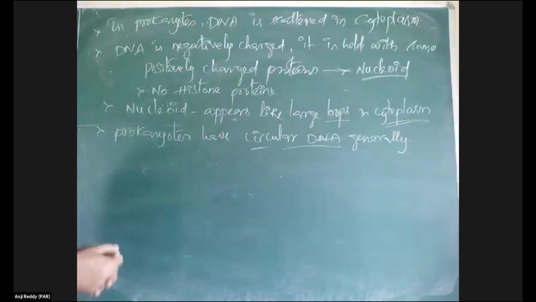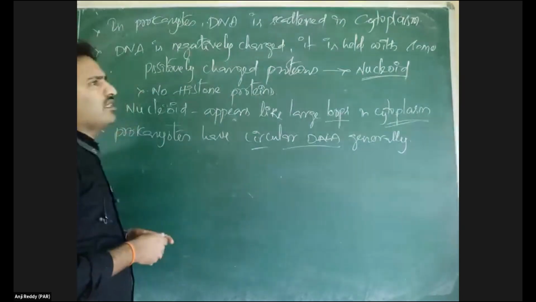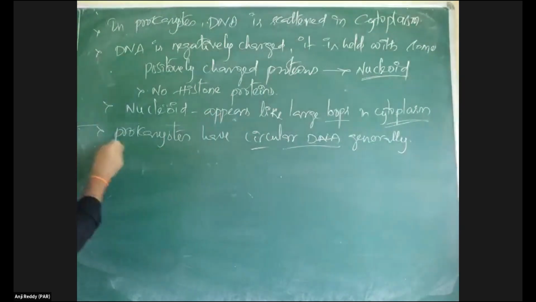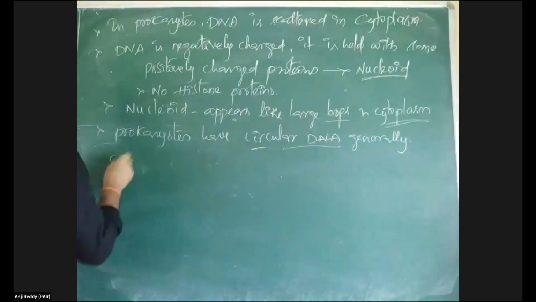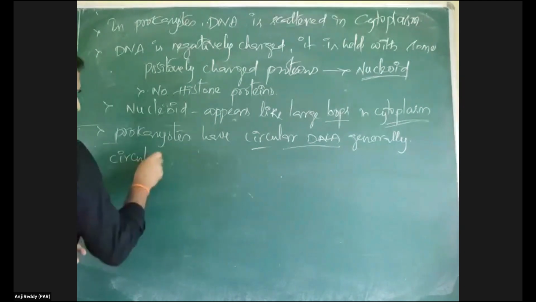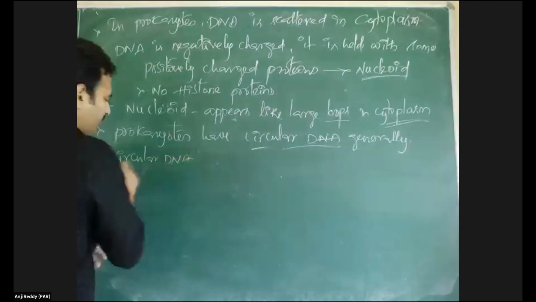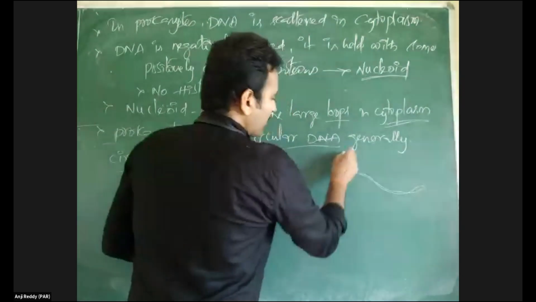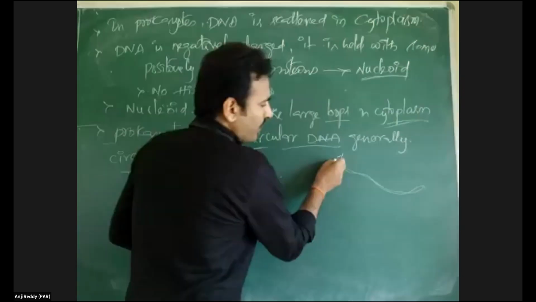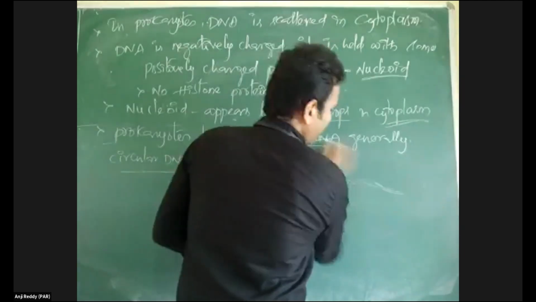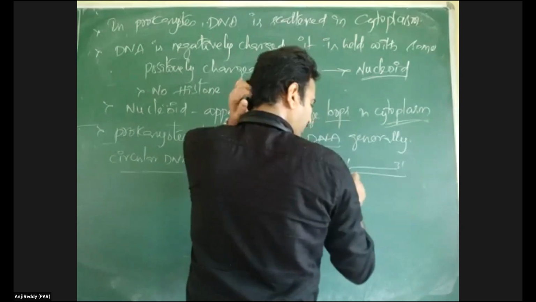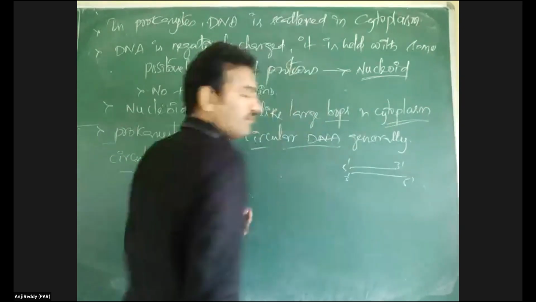Not only prokaryotes, the DNA in the prokaryotic genome, and what are the other examples of circular DNA? Circular DNA means a DNA with 5 prime and 3 prime ends, right? This 5 prime end is combined with this 3 prime end. See here, this is a chain, 5 prime 3 prime, 3 prime 5 prime.